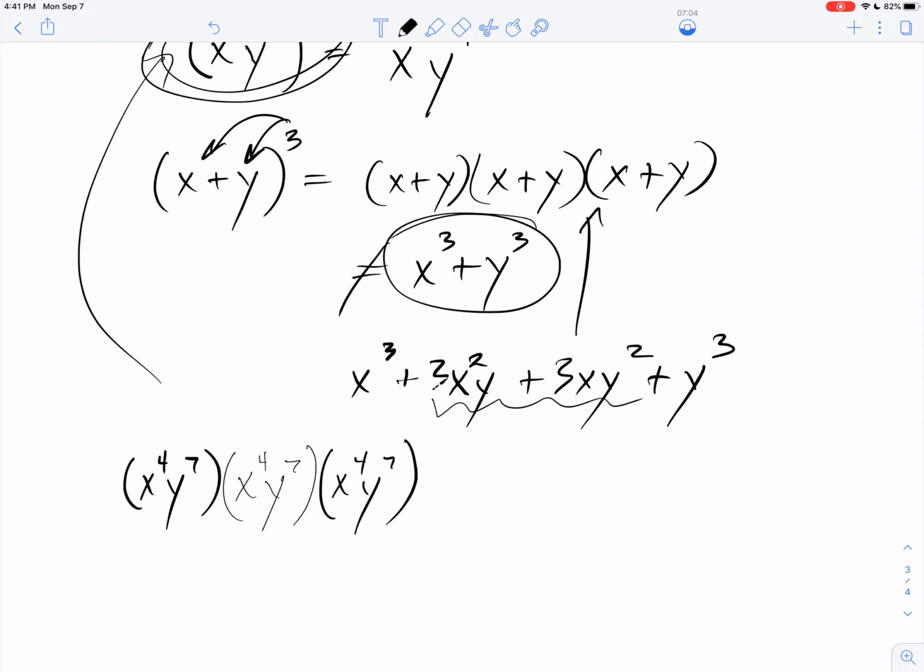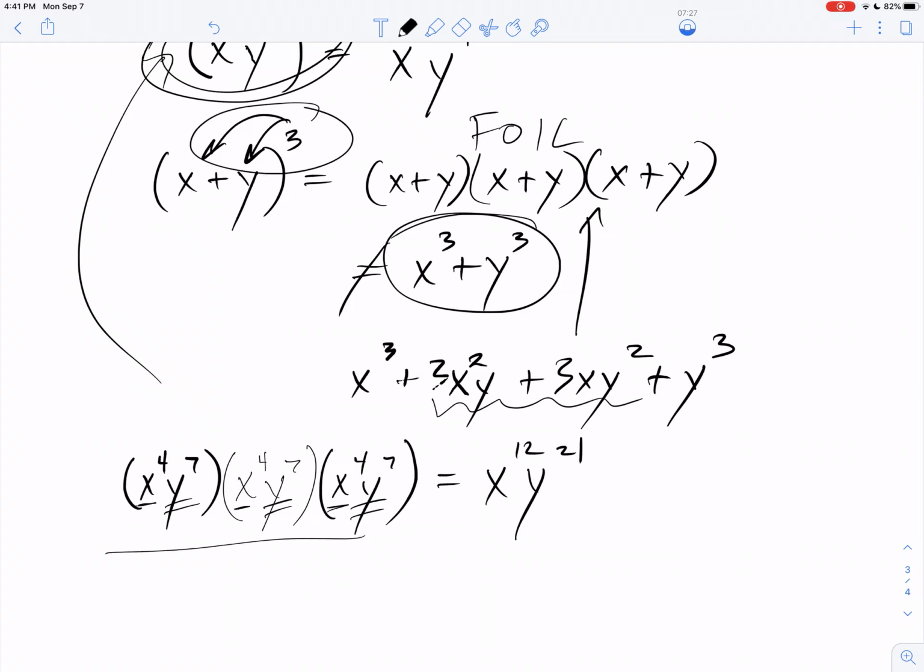I can just say x to the 4th times another x to the 4th times another x to the 4th is x to the 12th. y to the 7th times y to the 7th times another y to the 7th is y to the 21st. See, I'm not foiling here. Here I would have to do a big old FOIL party.